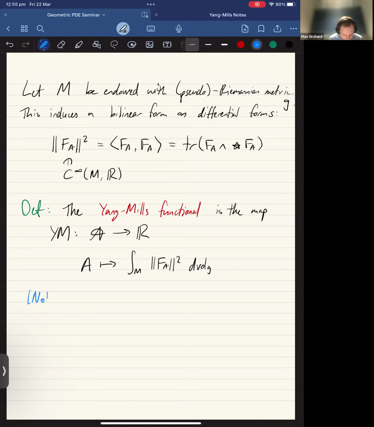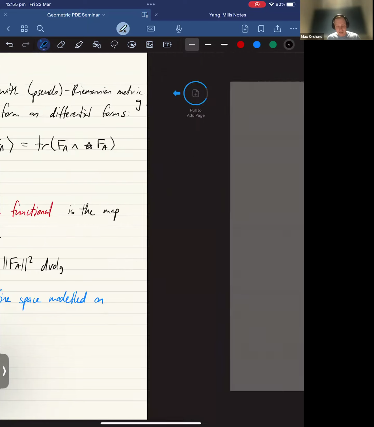Now, a quick remark is that this is actually an affine space, modeled on this vector space here. The main reason I'm saying this is to make the notion of adding connections sound.